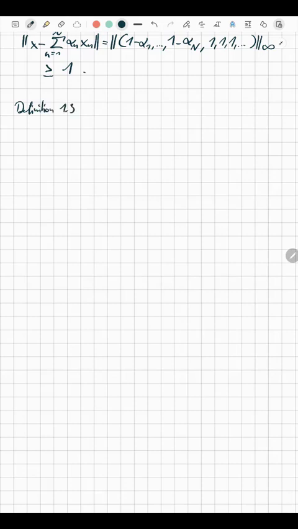Definition 1.3. So let X be a Banach space and Xn be a Schauder basis of that Banach space.